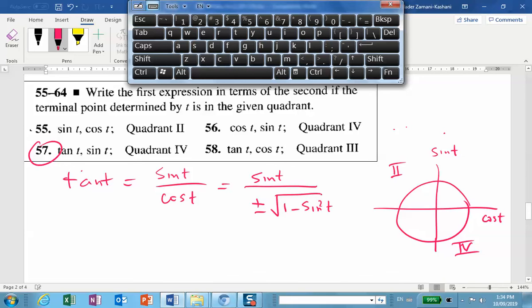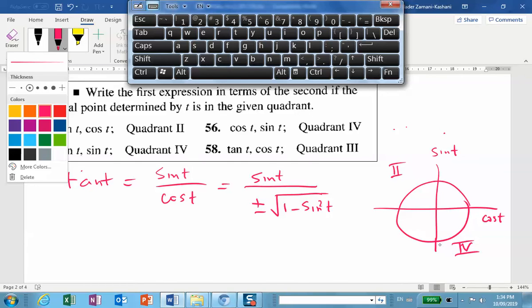We already went through that. I'm not going to repeat it. Now the question is, what is the algebraic sign that you're going to take? Now look, you are in quadrant 4. Quadrant 4 is right here.